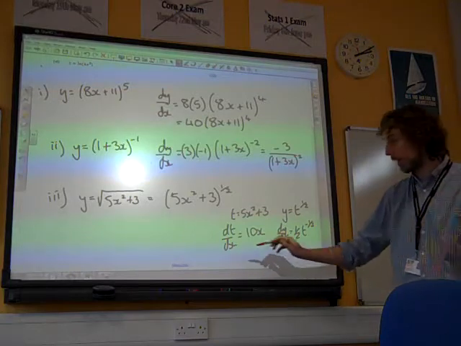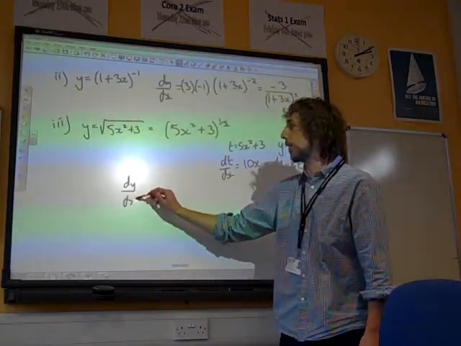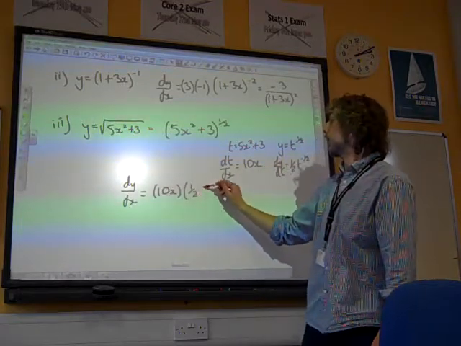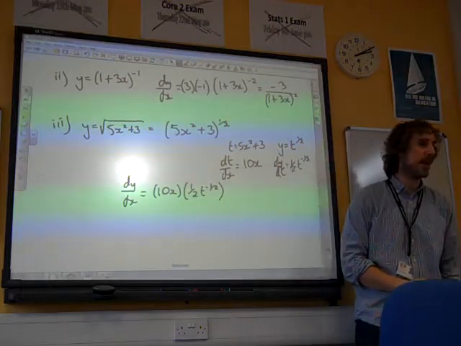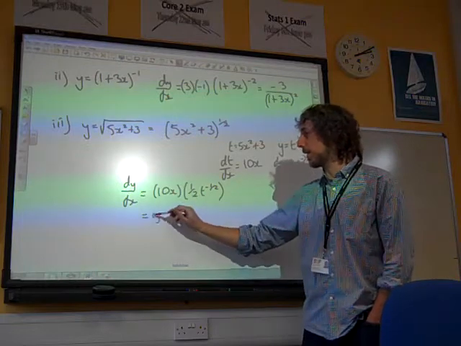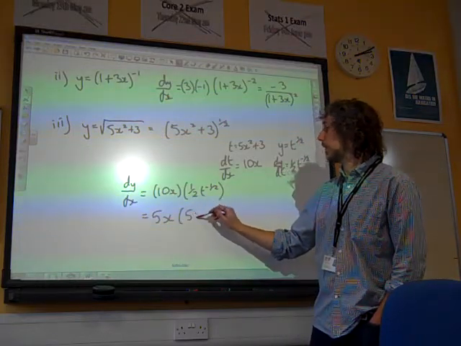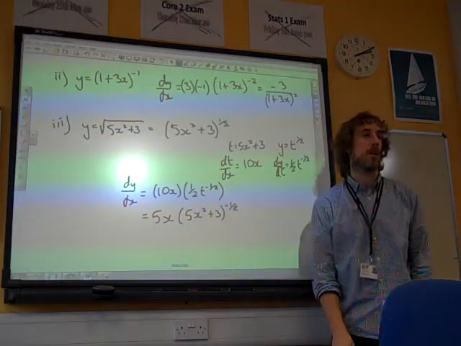Now if we put this together, remember by the chain rule, dy by dx is the product of these two things. That's 10x times a half t to the minus a half, but of course we don't want to give our answer in terms of t, we want to give it in terms of x. So half times the 10 is 5x, and then it is t to the minus a half.